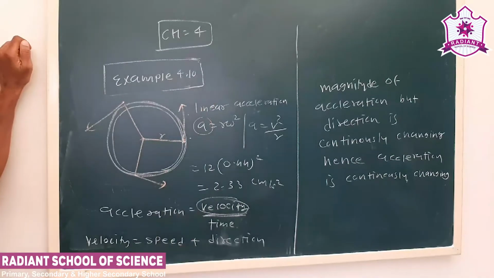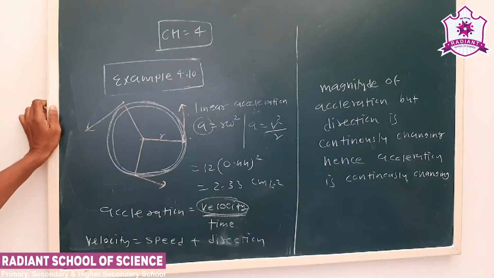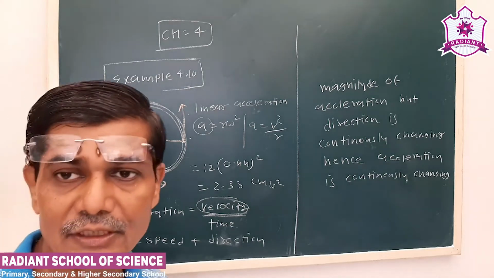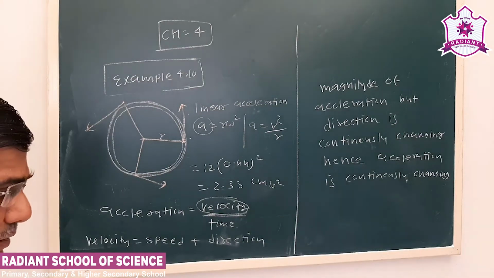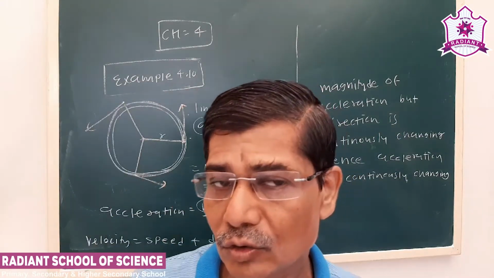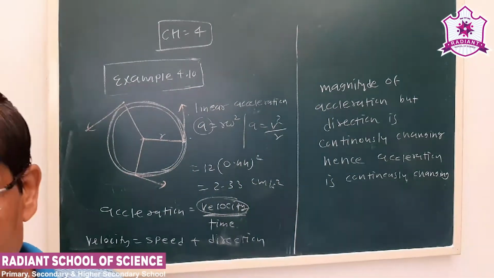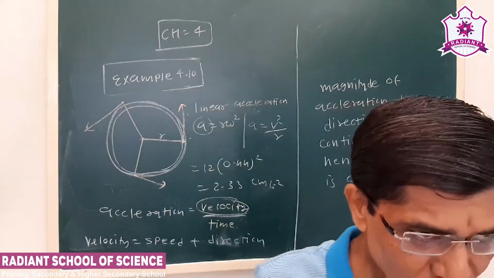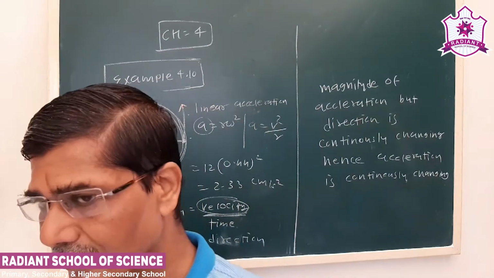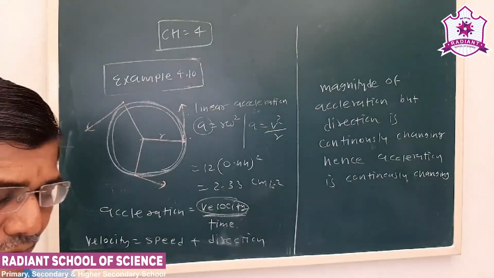Okay, so linear speed we have obtained, then angular speed, then linear acceleration, and the last part of the question says, is acceleration constant? No. Why? Because the direction is continuously changing. See, this cannot be considered as constant. This is applicable to whatever vector quantity we come across. Okay, so this was about the example parts of lesson number 4.